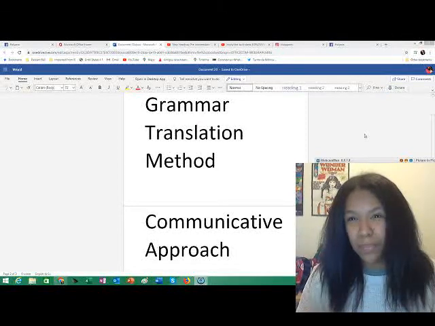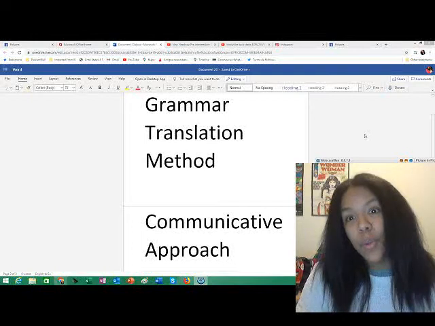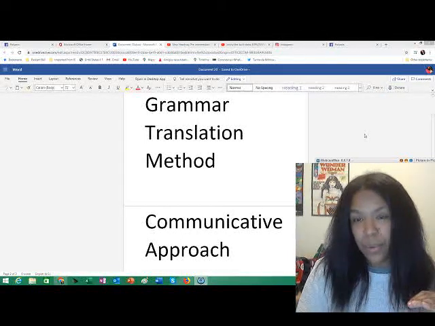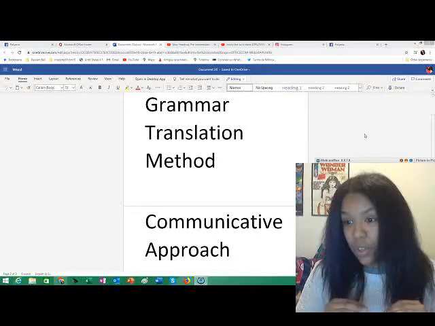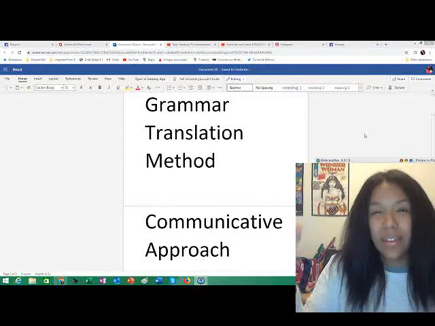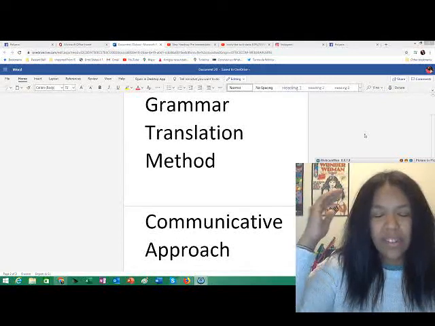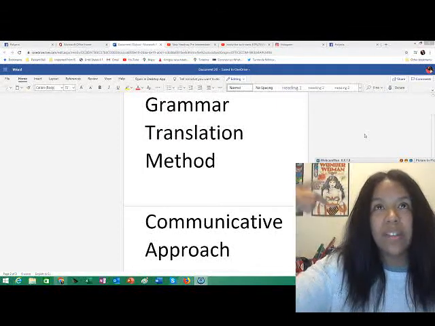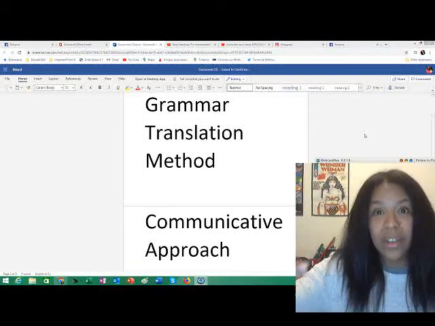It's not very effective because whenever a person relies too much on translation, they're trying to say something and they think, okay, here's the sentence in my first language, now let me translate it to English, and now let me say it.